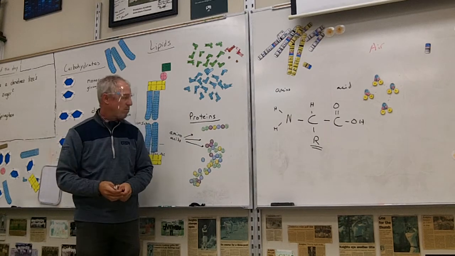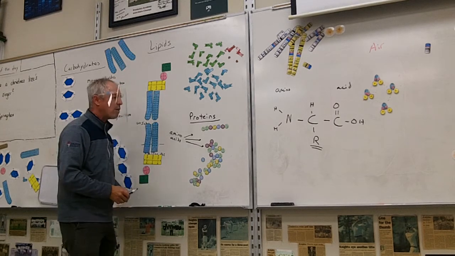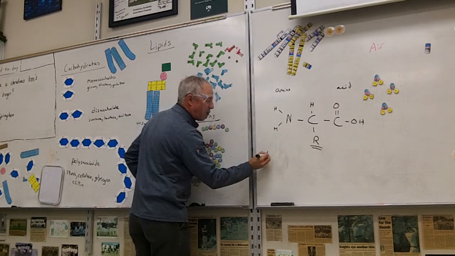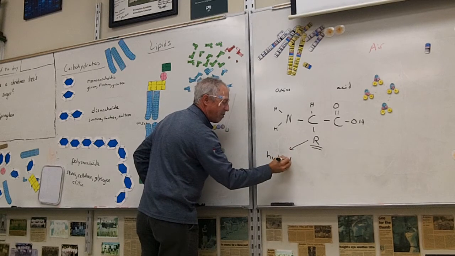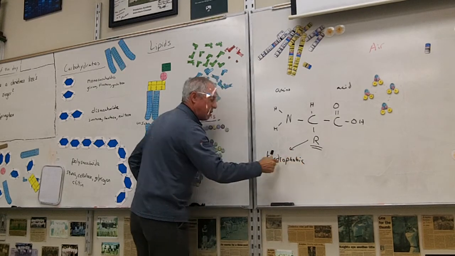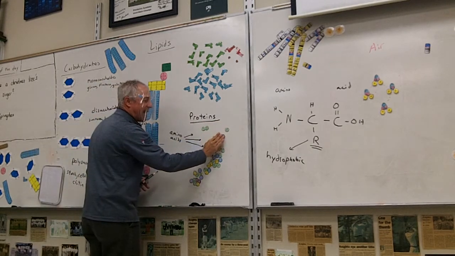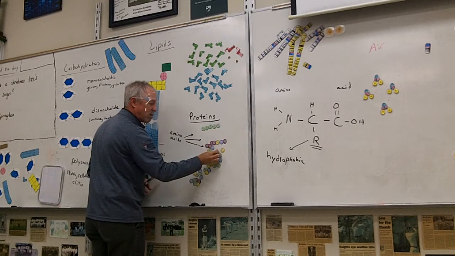Do the R groups make it polar and non-polar? Yes. Some R groups are hydrophobic. What does that mean? They don't like water. All these green ones here are hydrophobic.